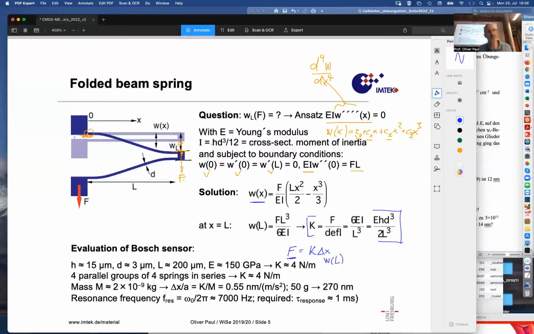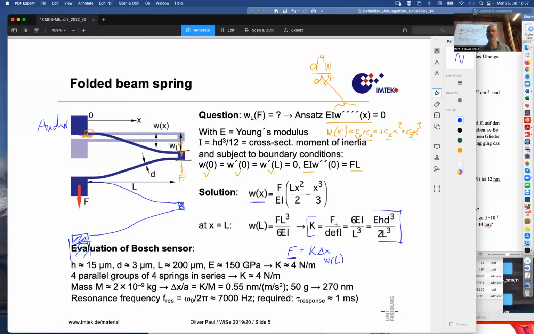And now we have these 4 beams, one after the other. I'll schematically draw the other ones as well. Here is, let's say, maybe the spinal cord. Here is the anchor. So what is the spring constant of this compound spring?